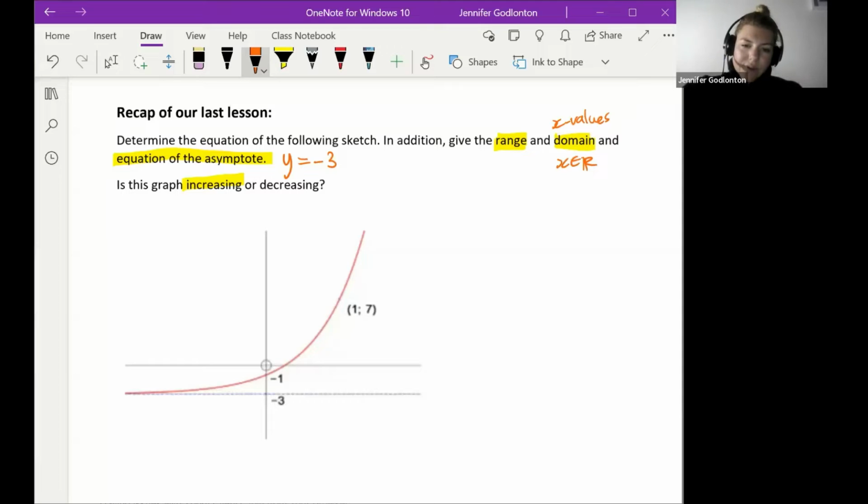Okay, yes, Juliet, our asymptote is -3 and our graph is above it. So that means our range is bigger than our asymptote. That arrow is saying that y is bigger than the asymptote. So it's above it.